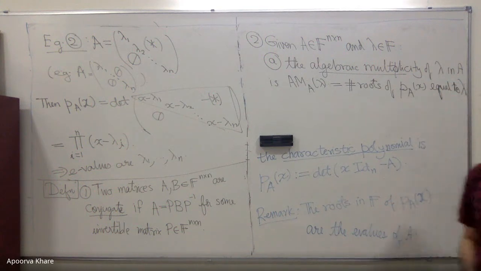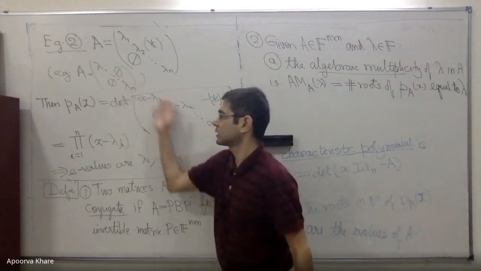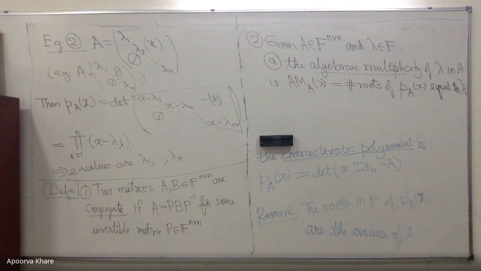Okay, the number of roots of the characteristic polynomial that we just defined, determinant of X identity minus A, that are equal to lambda. Algebraic multiplicity.